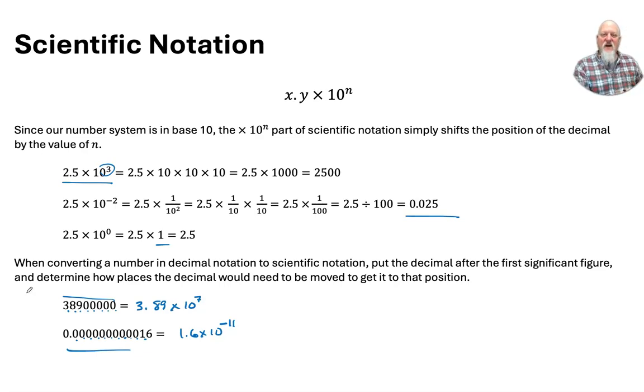That's how we're going to go from scientific notation to decimal notation, or from decimal notation to scientific notation. Okay, these numbers are the same. 389,000,000 is the same as 3.89 times 10 to the 7th. Okay, and you can see why we would write it like that, because if we were copying that number, we could easily drop a 0 or add a 0, especially as there are more zeros.